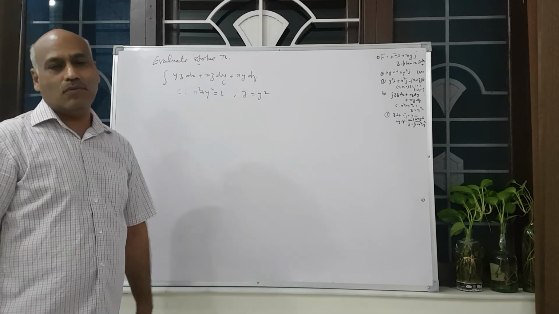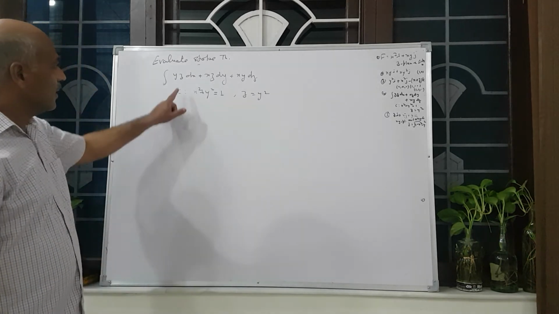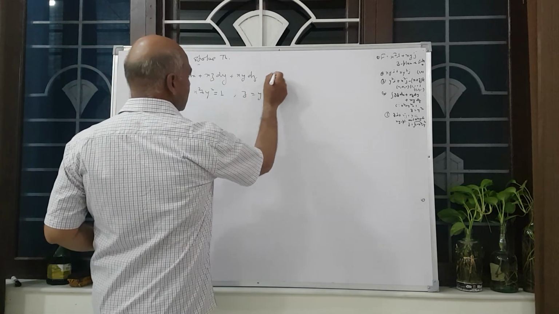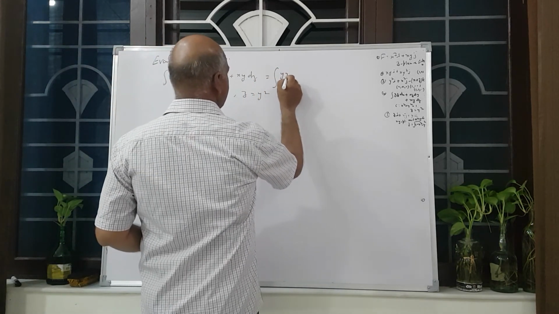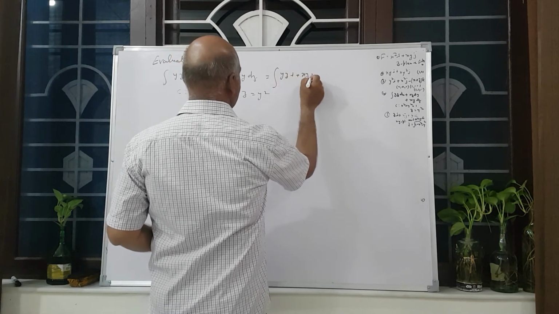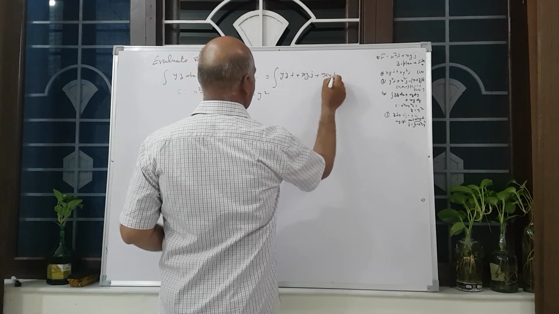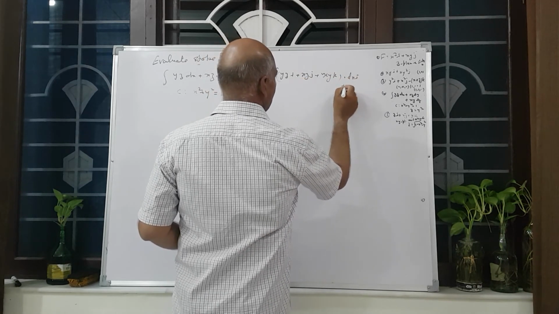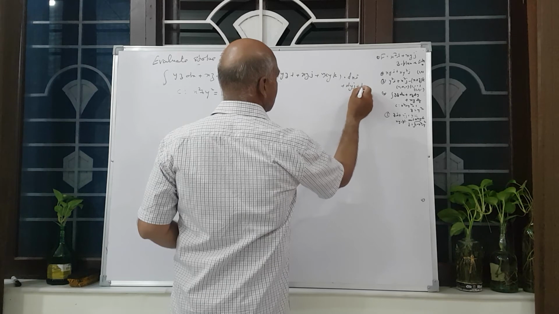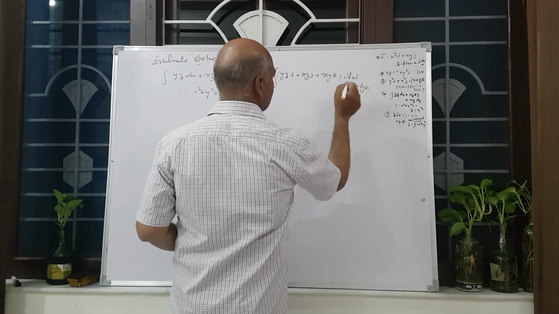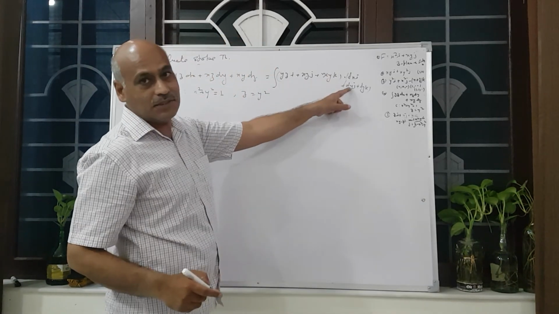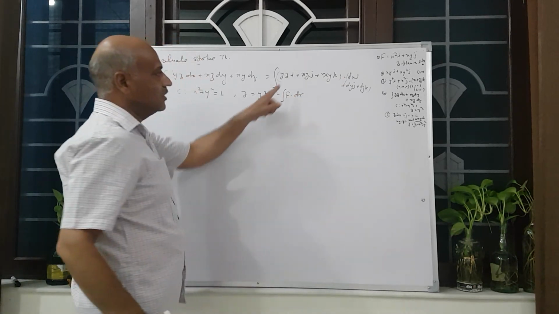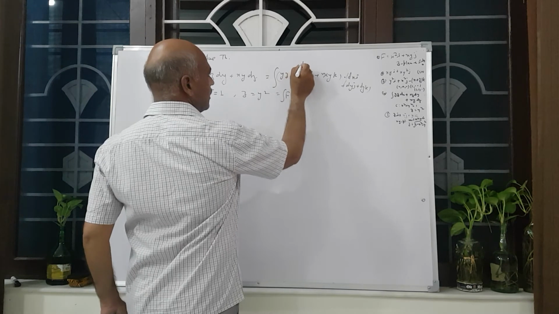You can write this one as y z i plus x z j plus x y k dot dx i plus dy j plus dz k. So this is f.